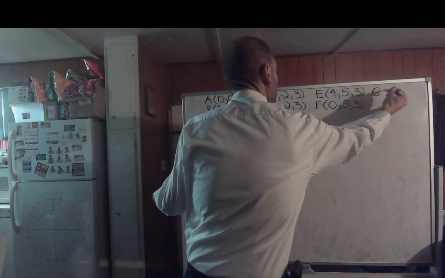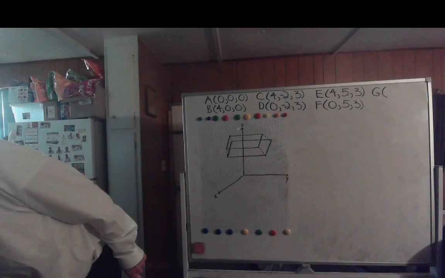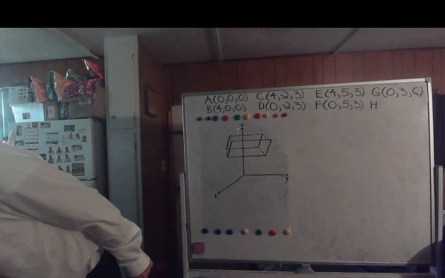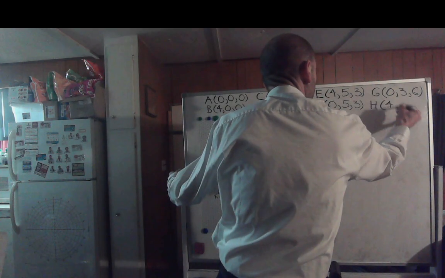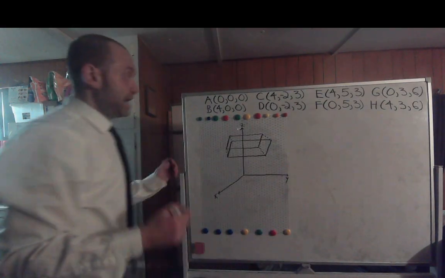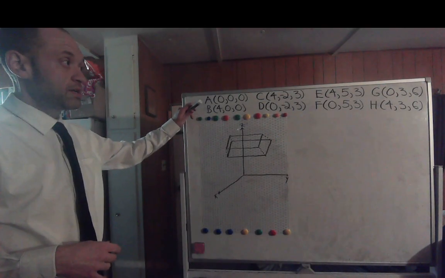Vertex G will be located at 0, 3, 6. And then we got a vertex H, which will be located at 4, 3, 6. So we have 8 vertices for this parallelepiped.